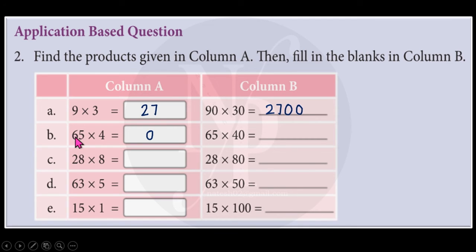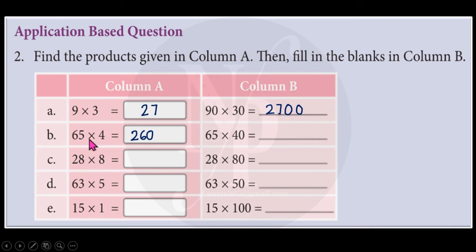So 24 plus 2 is 26. Therefore the product of 65 and 4 is 260.